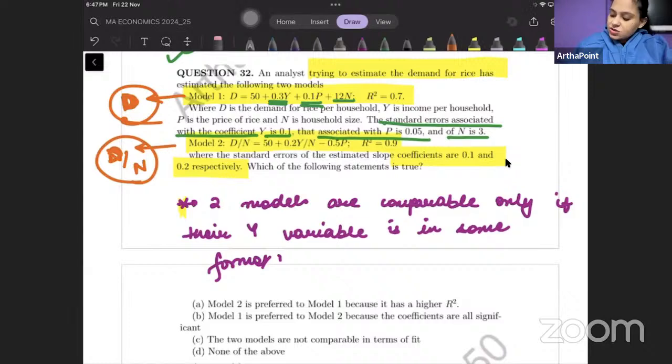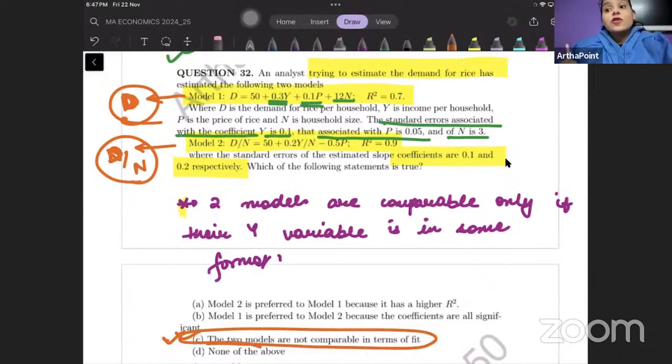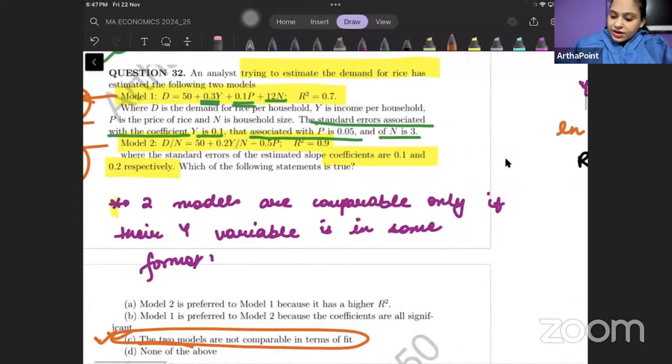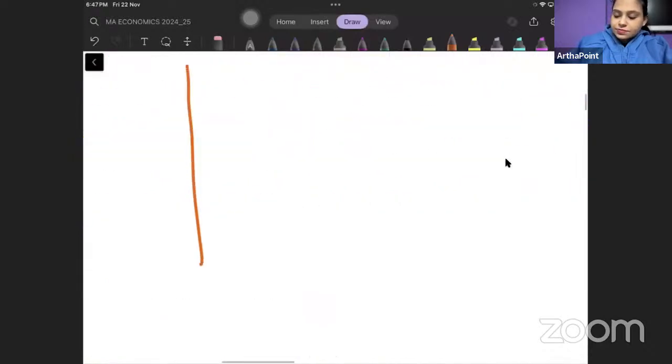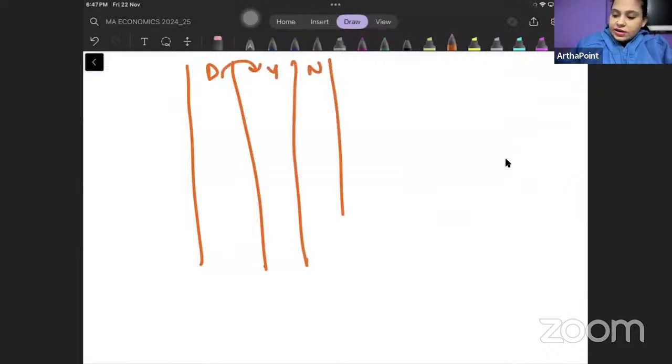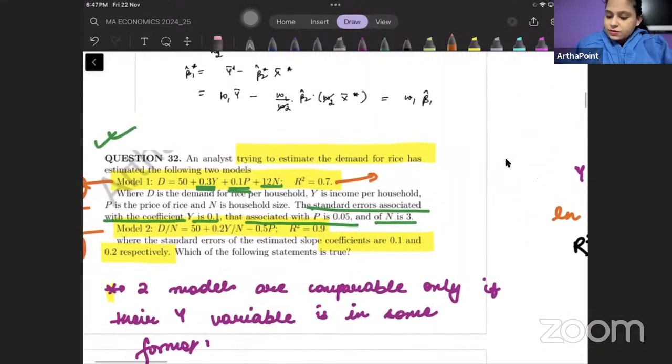So the correct answer to this question will be C, that the two models are not comparable in terms of fit. Have another look. Here I am saying that I would have had a column D, and I would have regressed this D on Y, on N, and on one more variable that is given, which is P.